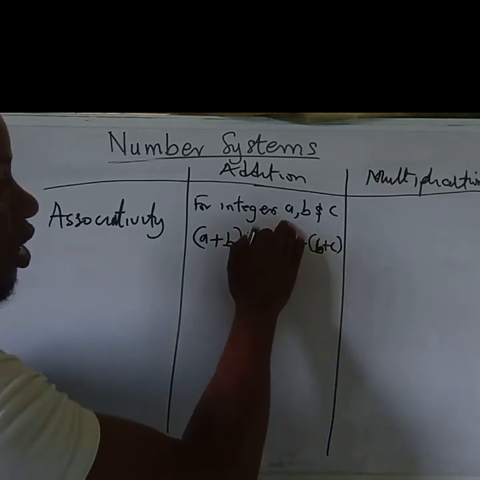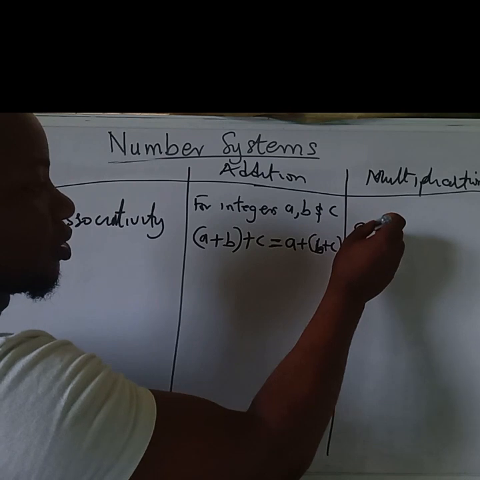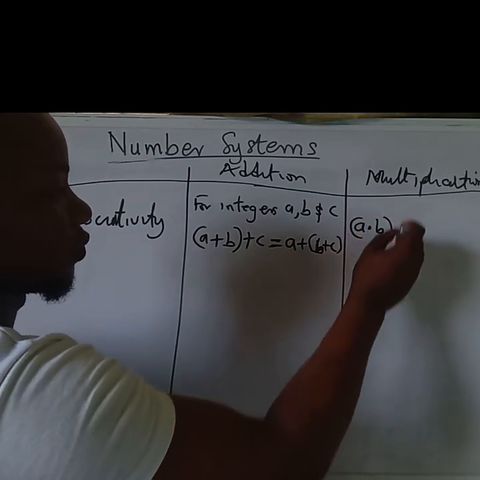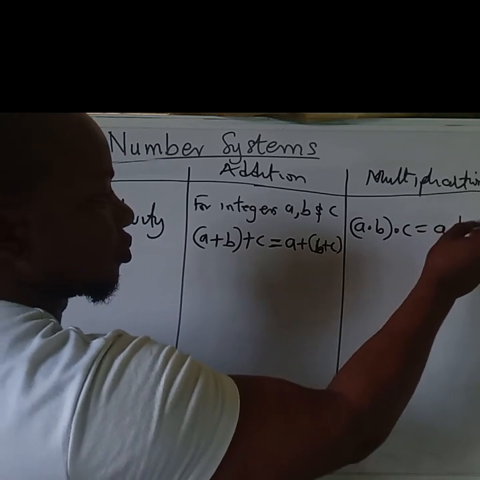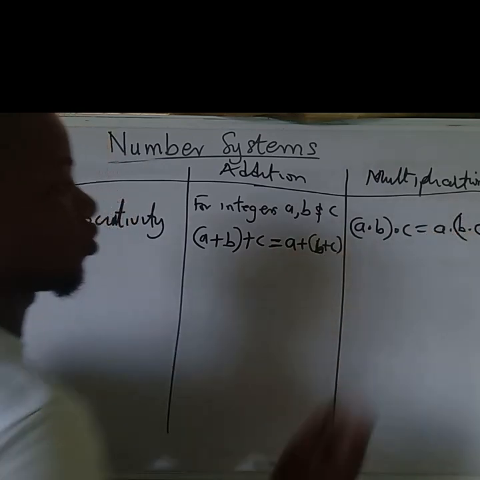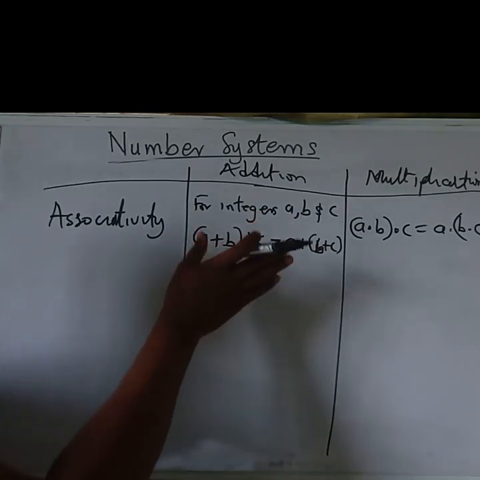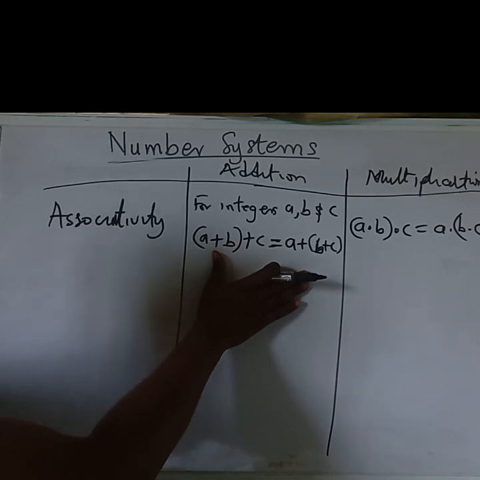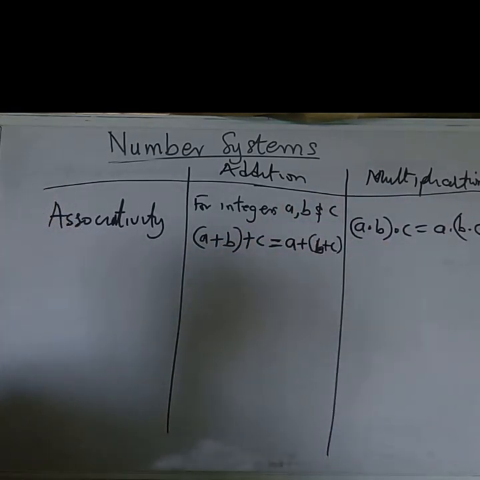The same thing holds for multiplication with three integers a, b, and c. So this statement is also true. In both cases, we call this associativity under addition and associativity under multiplication.